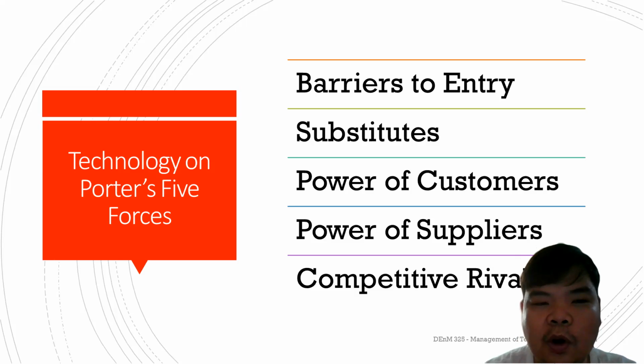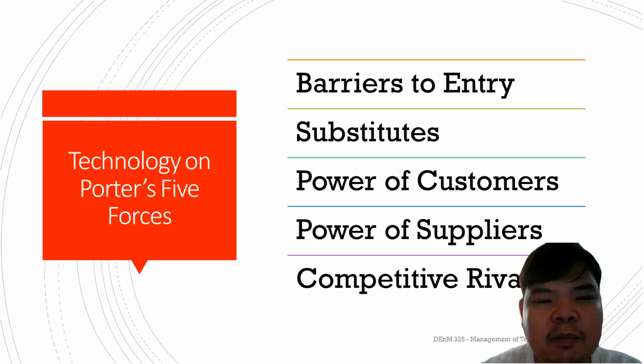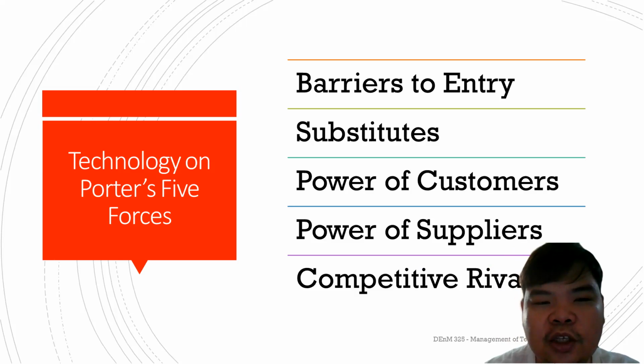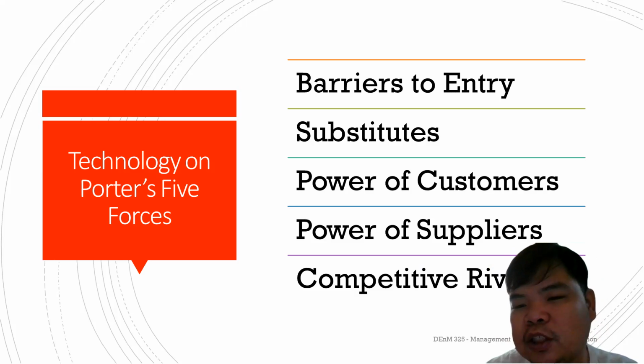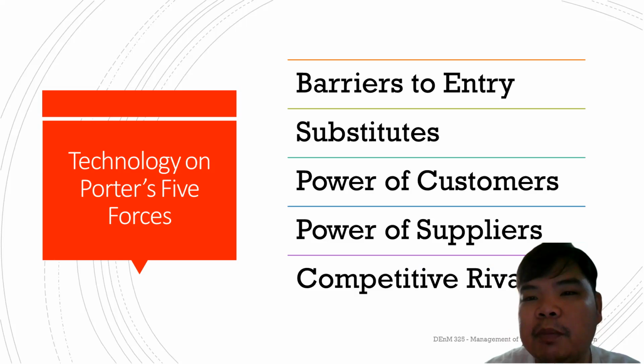Examples of the potential impact of technology on the barriers to entry: it may reduce economies of scale, encouraging new entrants, for example, digital publishing. In some cases, barriers may rise as products become more complex and processes difficult to copy, right?